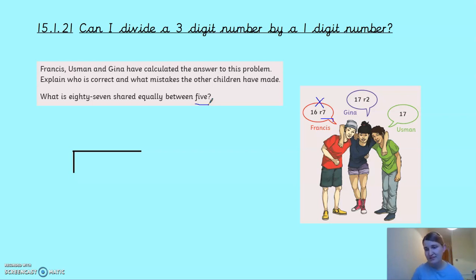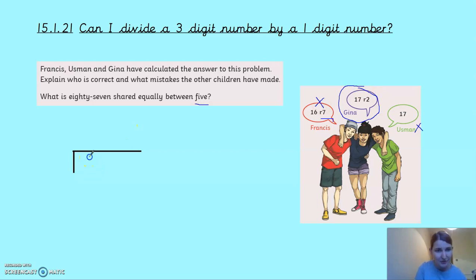Anything in the 5 times table ends in either a 5 or a 0. 87 does not end in a 5 or a 0. So I know my answer is not going to be exact. That will not be in my 5 times table. So Usman, I think, is also incorrect. Now let's test it. But I believe I'm going to predict or estimate that Gina is correct.